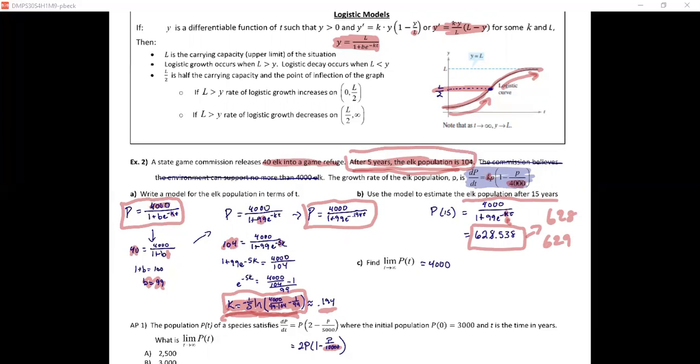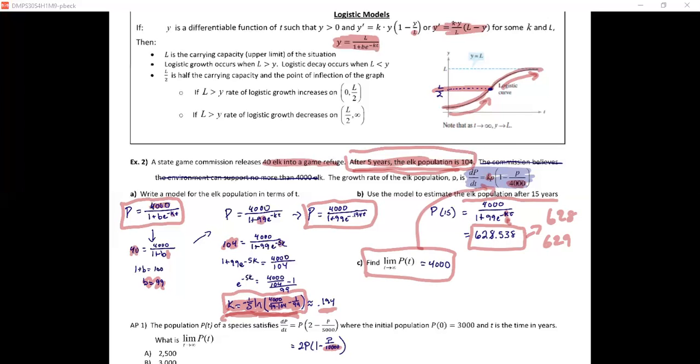In this case, probably rounded up, just because usually questions like this say to the nearest elk. Now, what's our limit as t approaches infinity? That would be 4,000. And I really knew that right from the very beginning because that's my carrying capacity.